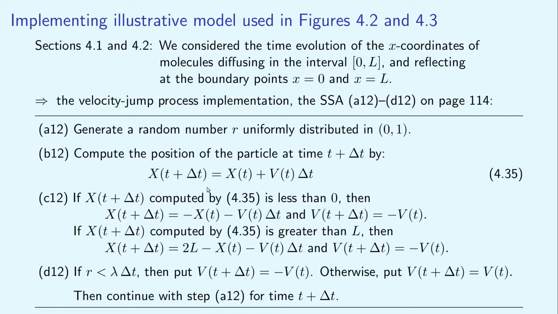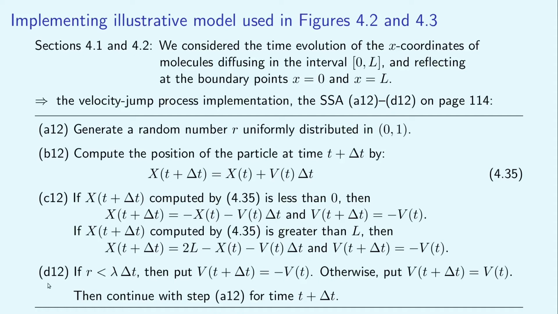If this formula leads to the position x(t plus delta t) which would be outside of our computational domain, outside of interval 0 to L, we reflect it back to the interval in the step C12. That is, if x(t plus delta t) is negative, then we change it to a positive value and we change the direction of the velocity as well. Similar reflective boundary conditions are implemented at the right boundary in the step C12.